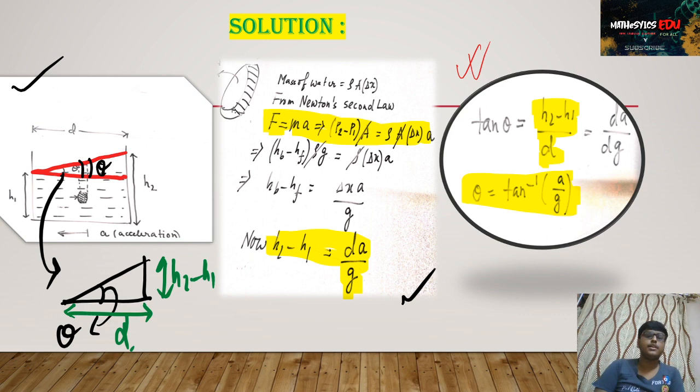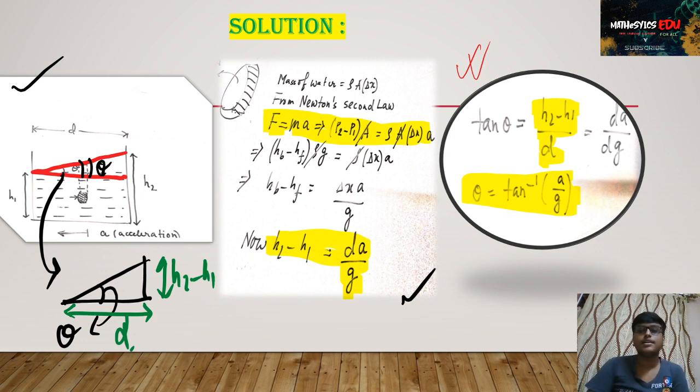Now from trigonometry we can see, I have drawn the diagram at the leftmost part of your screen, that h2 minus h1 is the perpendicular, d is the base, and theta is our constant angle. So what is tan theta? h2 minus h1 by d. You can see it in the figure also, I have highlighted it for you. Now what is h2 minus h1? It is precisely dA by g, and there is also a d in the denominator.